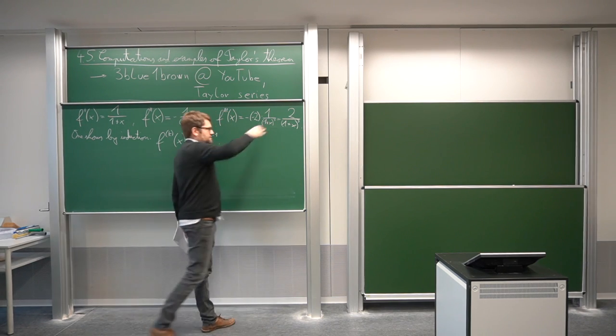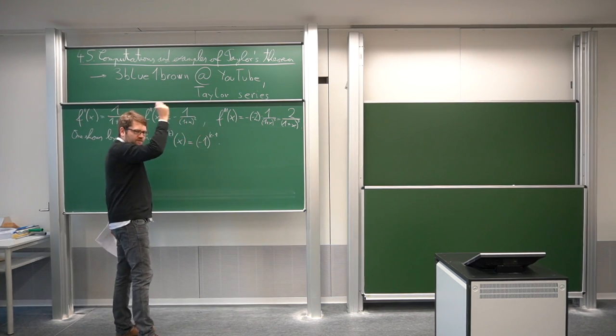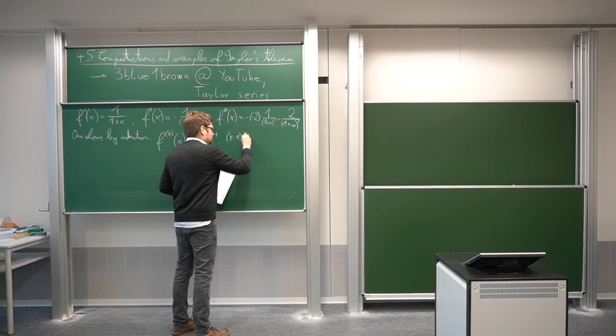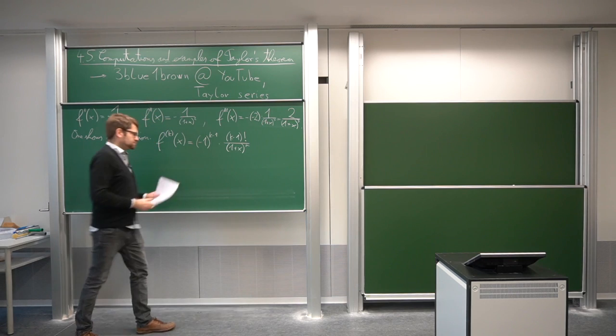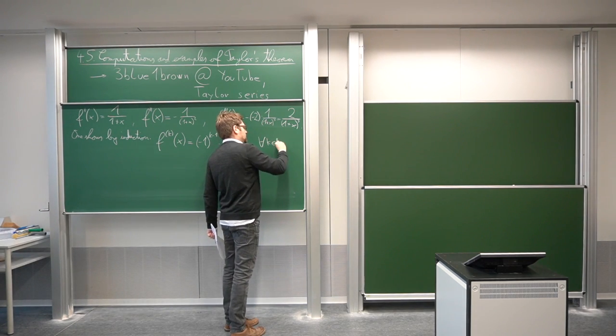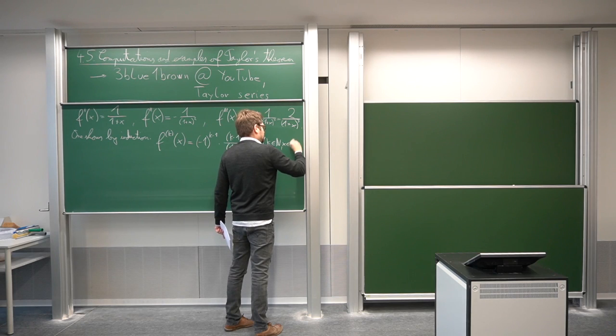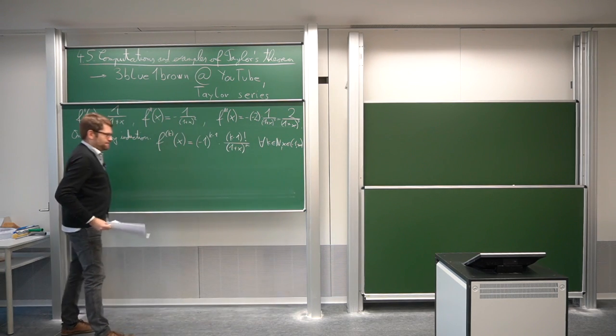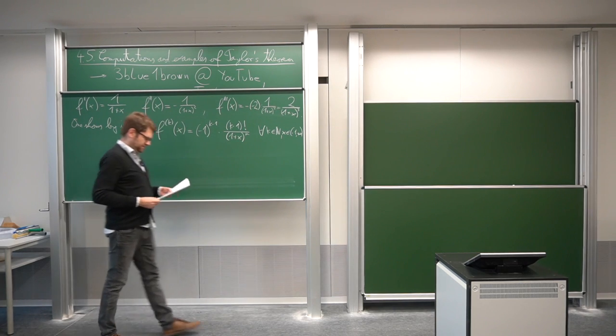So there's always this minus sign and some number getting bigger and bigger, and it turns out that in the end we have k minus 1 factorial divided by 1 plus x to the power of k. So this is true for all k in N and all x in minus 1 to infinity. Sorry for squeezing. So this is the general formula for the derivative here.